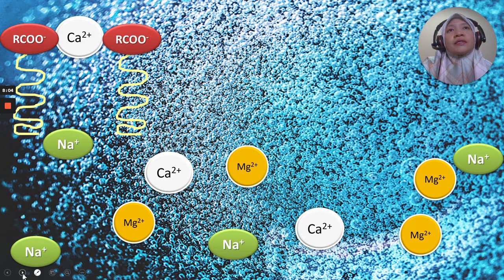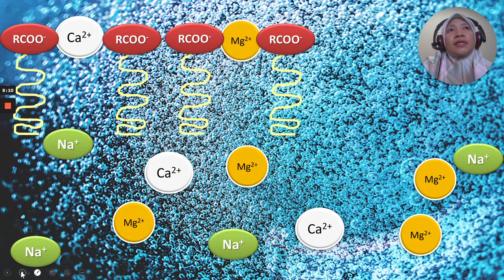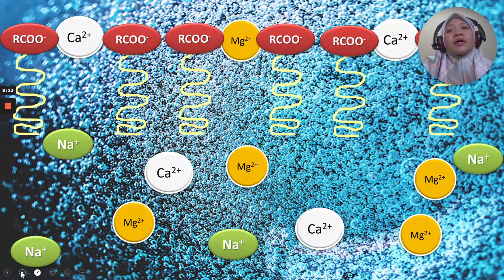This is calcium salts, magnesium salts, which actually results from the combination of the soap molecule and the calcium and magnesium ions. It is also known as soap scum.